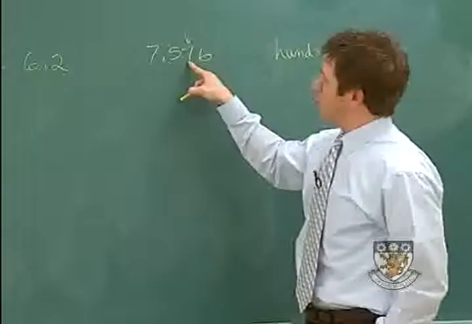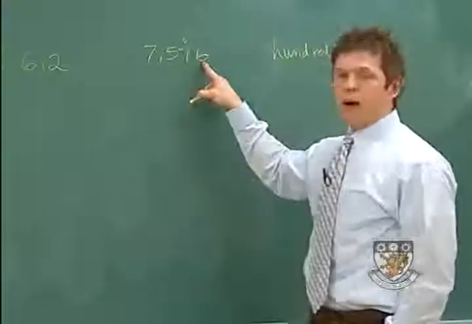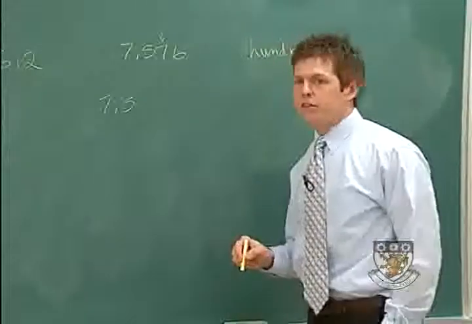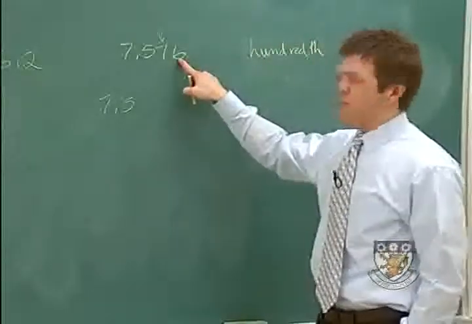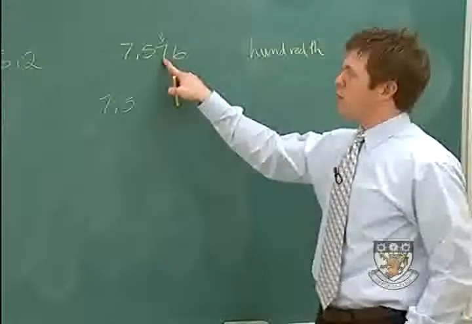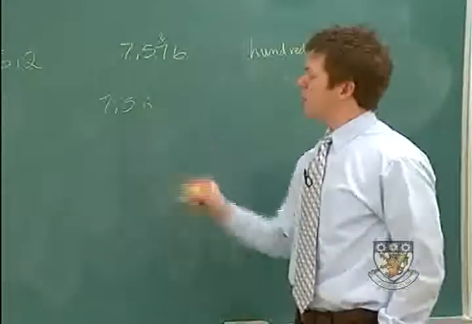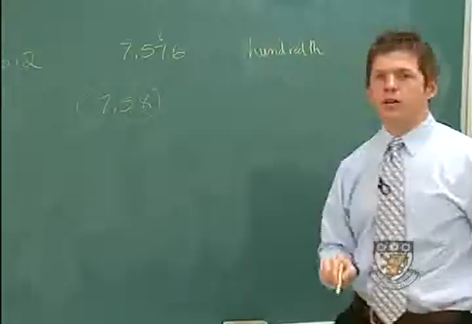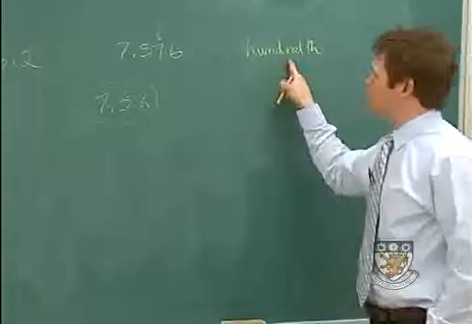We write down the first two because those are not touched. Then we look at the next number here. It's a 6. The rules of rounding say 5 or more, you round up. So this number 7 becomes an 8. This number is now rounded to the nearest hundredth place.